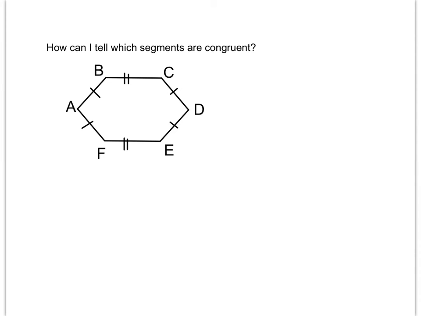All right, last thing I will do before we're done, I just want to tell you about what these little tick marks mean. These tick marks mean congruent. So congruent in geometry is a symbol that looks like this. And basically it means equal to. It means same size and same shape. Okay, so these two both are marked with a double tick mark, which means now that BC is congruent to FE.